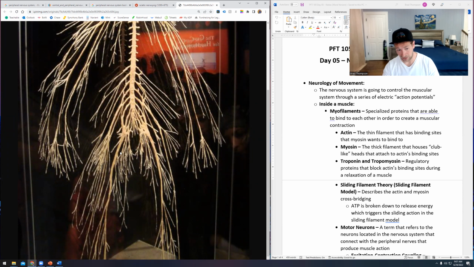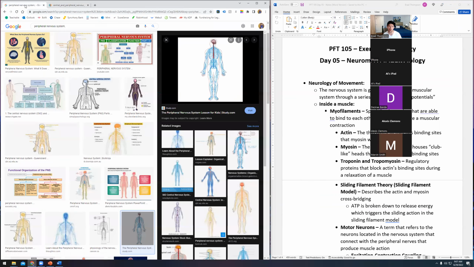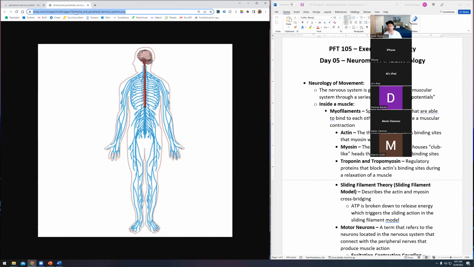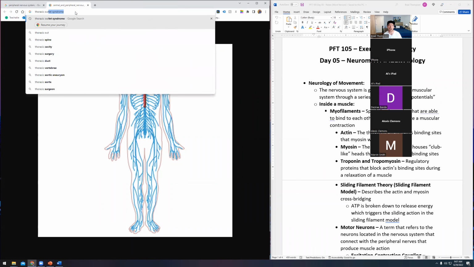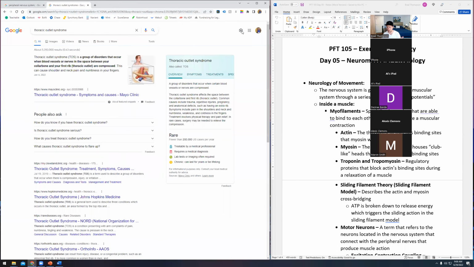Some of it, and by the way, you can get the upper body version of this. This is a pretty rare condition. I say that it's common in older folks, but sometimes you guys can get what's called thoracic outlet syndrome, and it's basically piriformis syndrome or sciatica of the upper body.